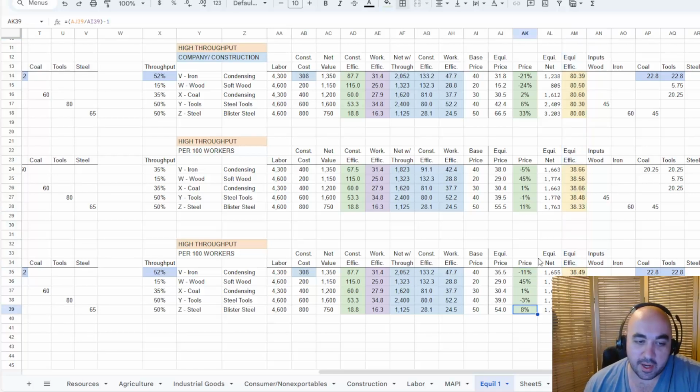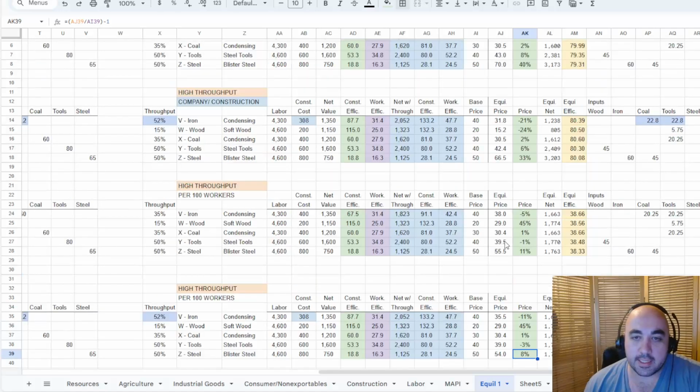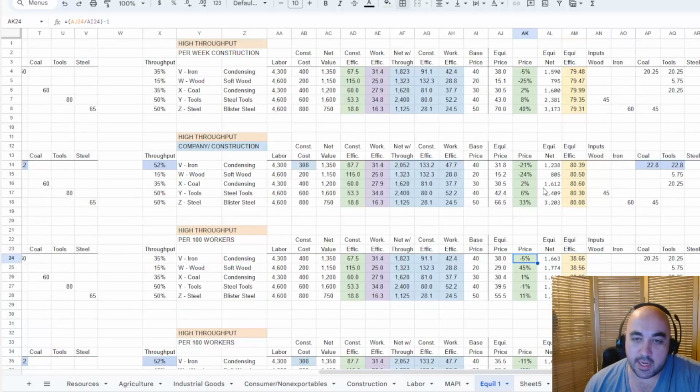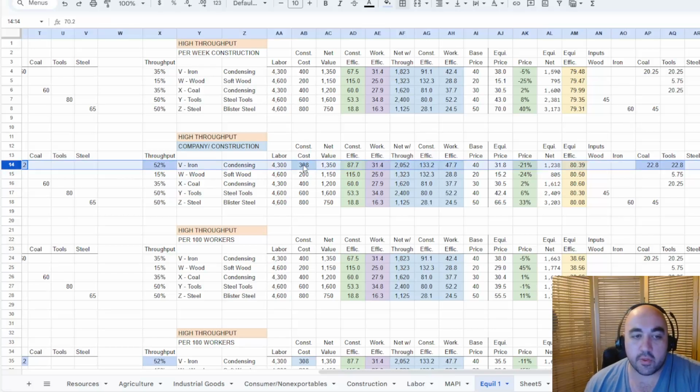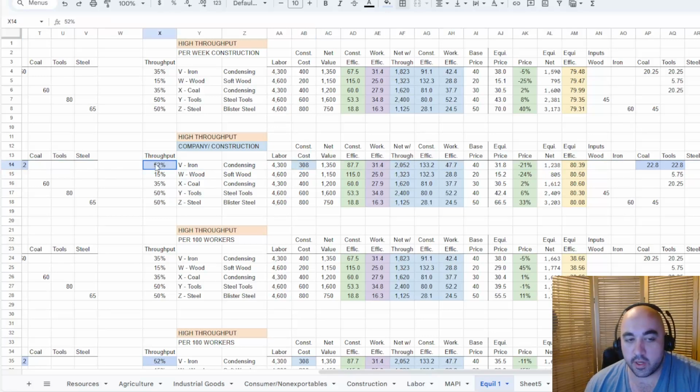But there's something I really want to emphasize here, which is that you also get to see the effect of construction being disgustingly valuable. Here, this is a more modest decrease in the price equilibrium. We went down minus 6% here, right? But here, we went down minus 16%. And that is the double effect of both the construction and the throughput.